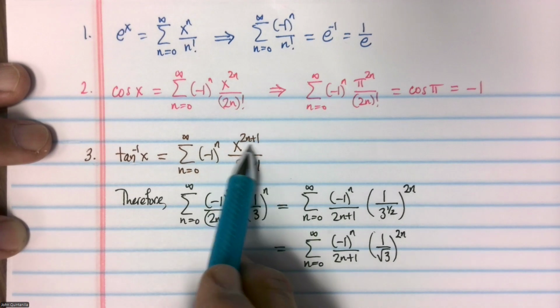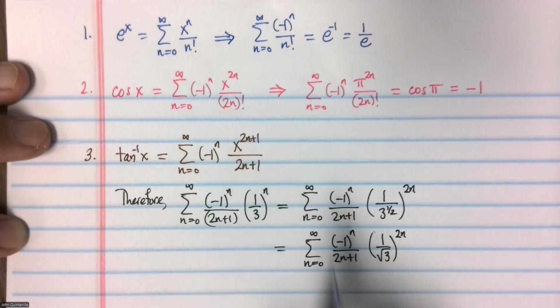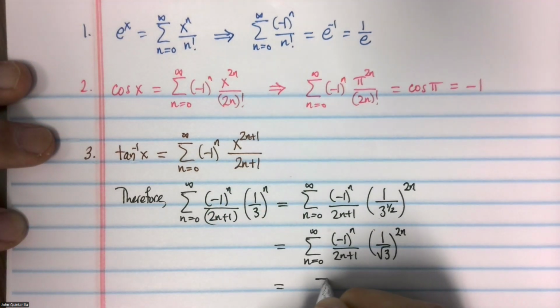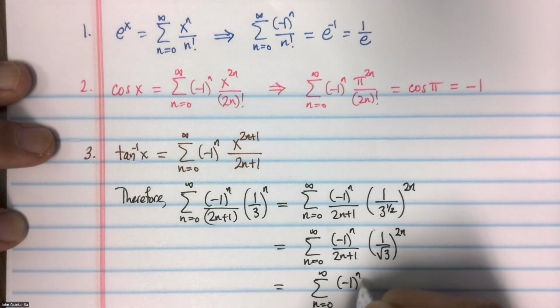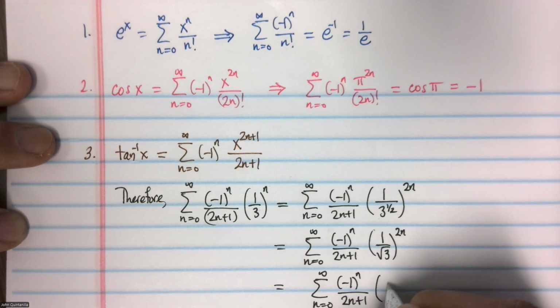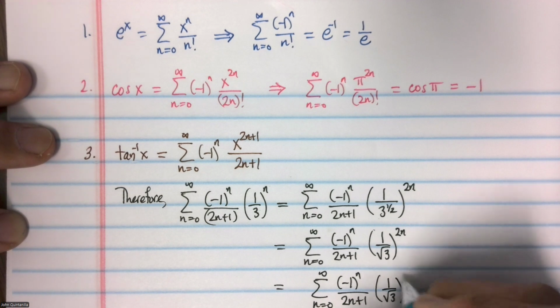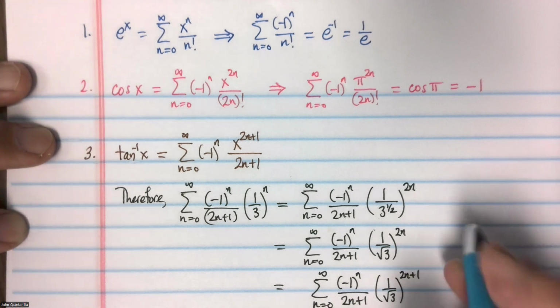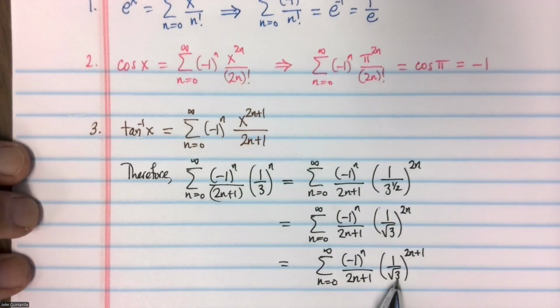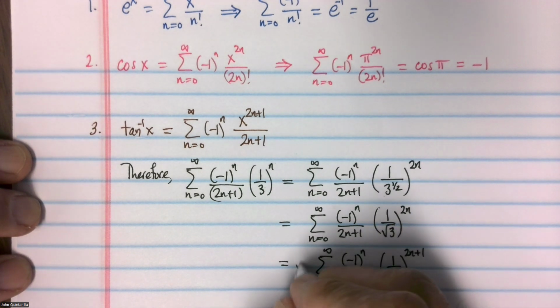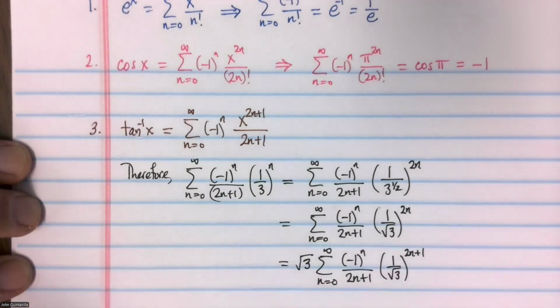Now I can almost use the formula here, except I need a plus 1. So to get that plus 1, let's force that in. (-1) to the n over 2n plus 1. Let's write this as 1 over square root of 3 to the 2n plus 1. So I'm dividing by an extra square root of 3 in here. In order to compensate, I need to multiply by square root of 3 on the outside.